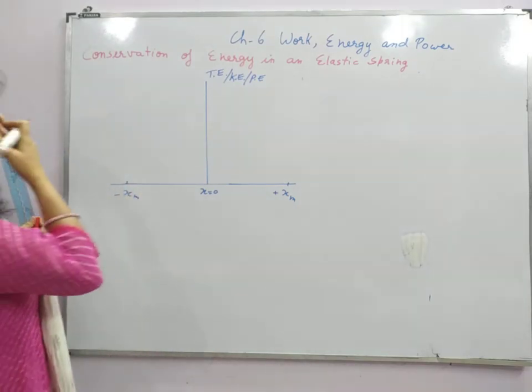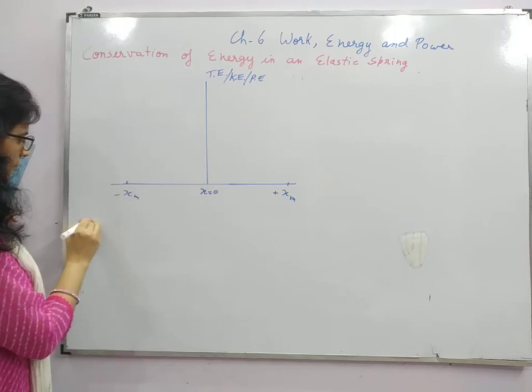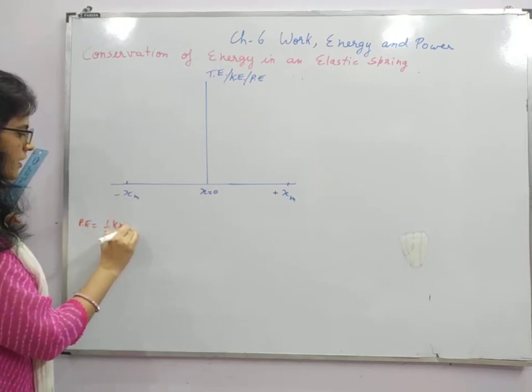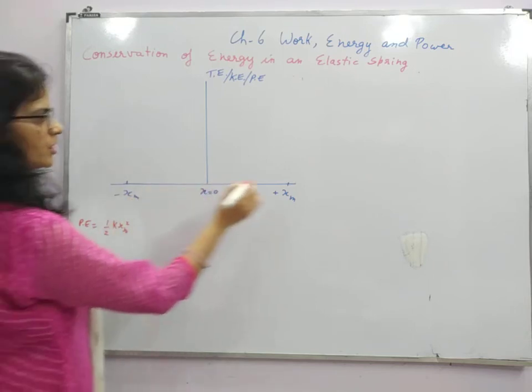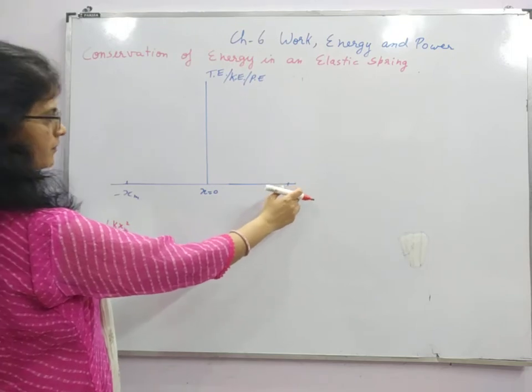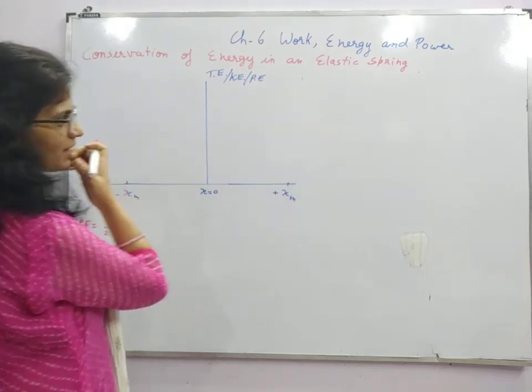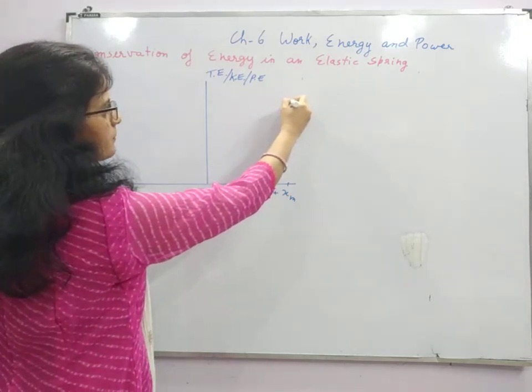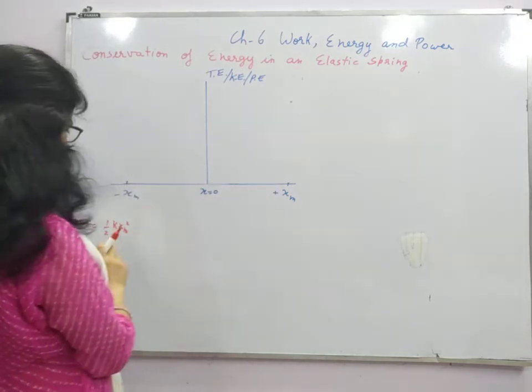Since we know that the potential energy is half k xm square at the extreme, meaning the position of maximum displacement, the potential energy is maximum there and varies as the square.